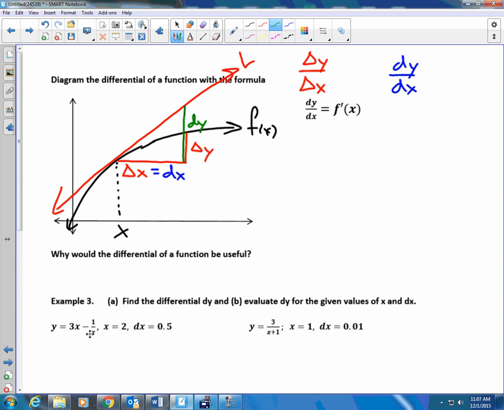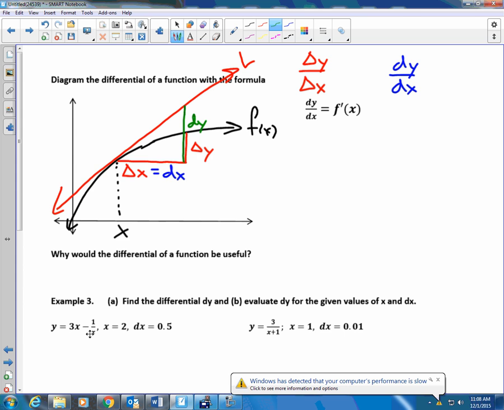It's the distance from the change in x to the linearization. Delta y is simply the change in the function, so it goes to the function, whereas dy goes all the way up to the linearization.